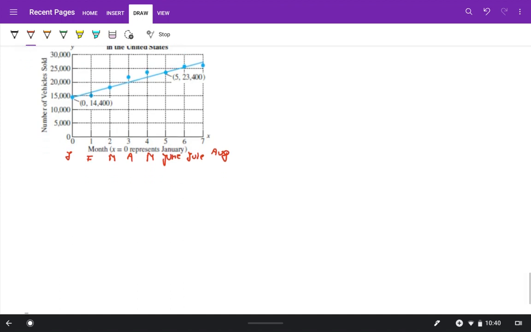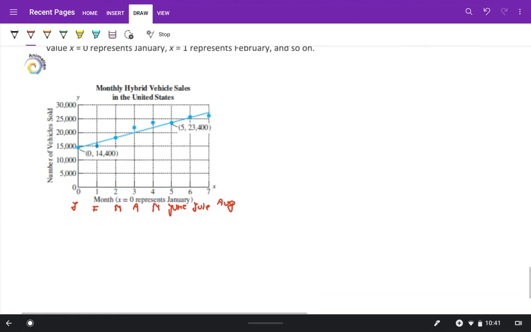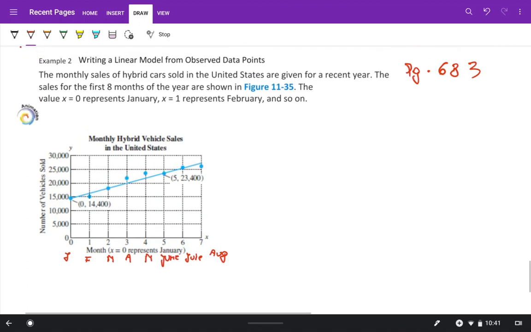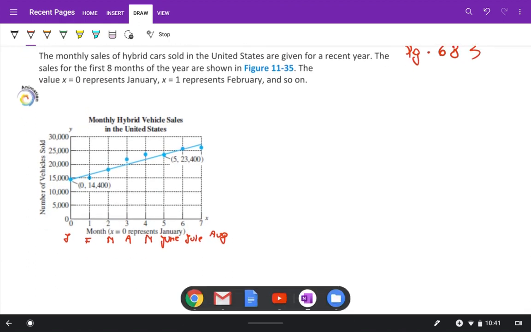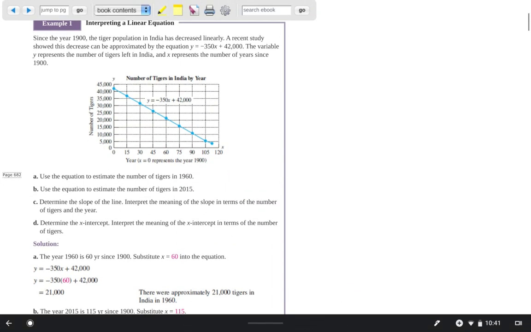Okay, so what we want to do here. Let me just go back to that problem, what they asked us to do. Let me just copy and paste that.